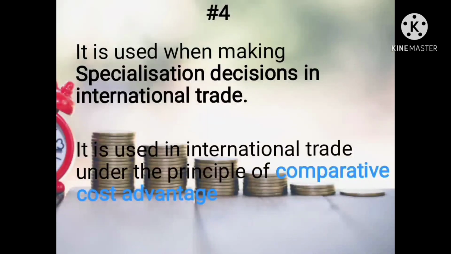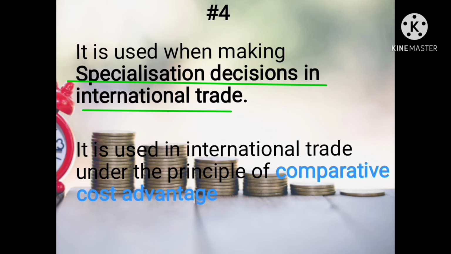The other importance is the use of the concept of opportunity cost in making specialization decisions, more especially in international trade. It is used in international trade under the principle of comparative advantage, comparative cost advantage.